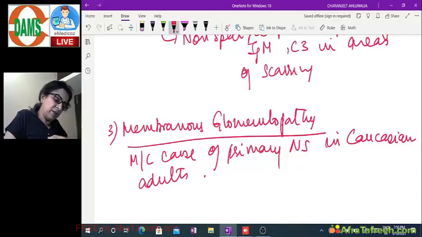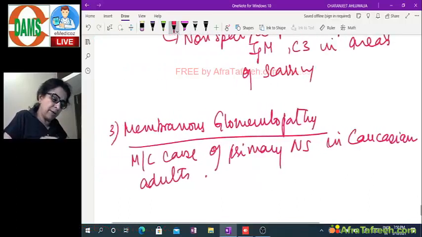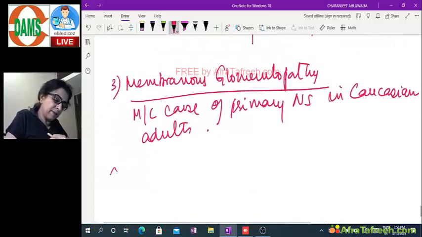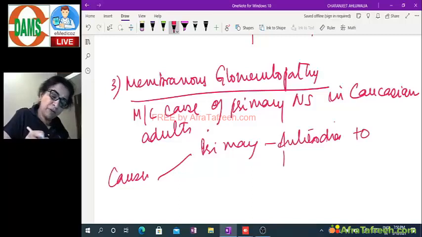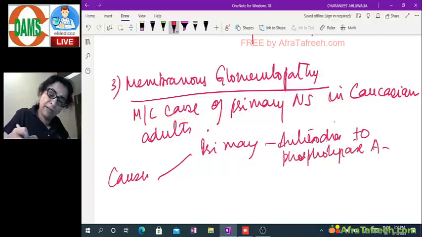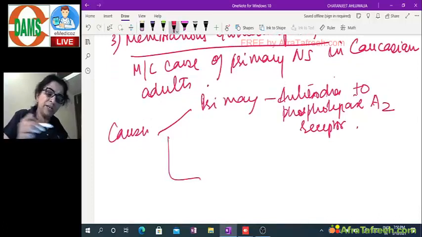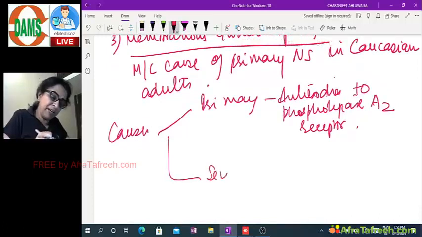Again, etiology or causes. Causes can be primary. Primary is seen in patients, for example, who have antibodies to phospholipase A2 receptor. Or it can be secondary. Secondary can be to drugs.